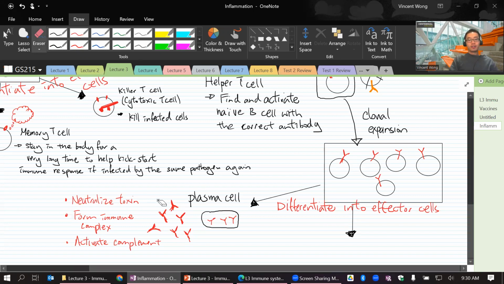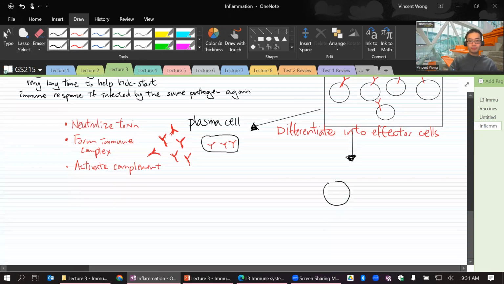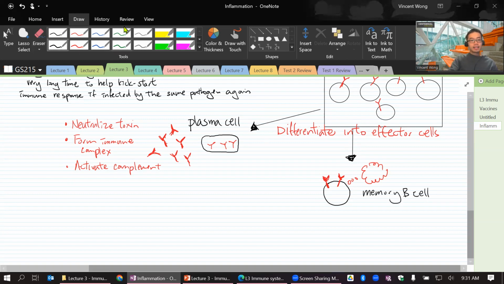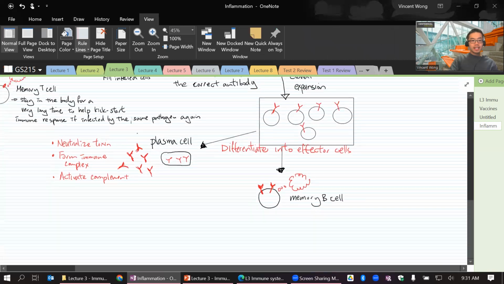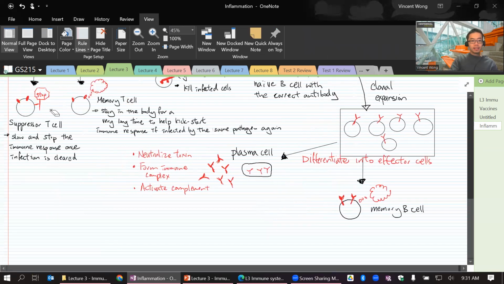If you don't aspire to become the plasma cell, the other option is to become a memory B cell. Same thing, it's going to have the little memory bubble. The memory B cell has the same function as the memory T cell.